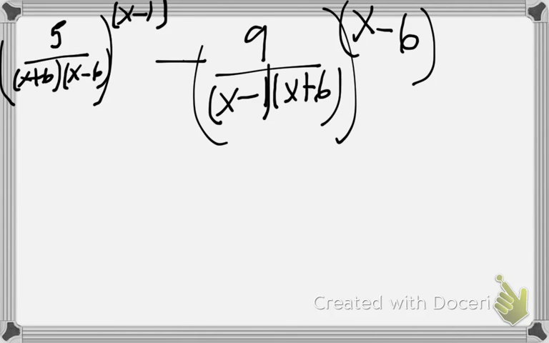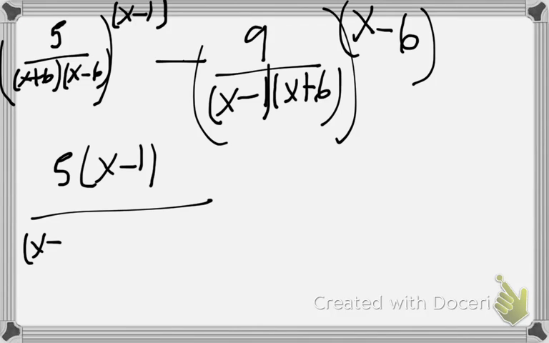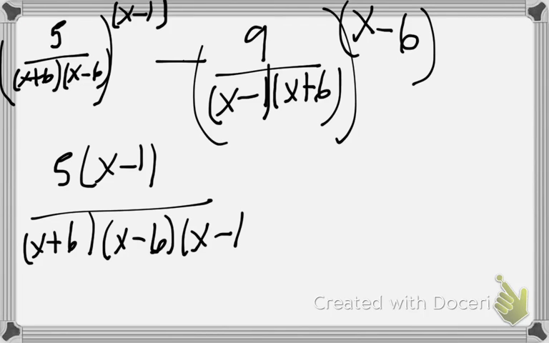Okay, so we're going to write out our new denominators. We're going to write out our new expression for each side. So 5x minus 1, and then x plus 6, x minus 6, x minus 1, and then it's going to be the same thing for the other side, or the denominator is going to be the same thing for the other side.